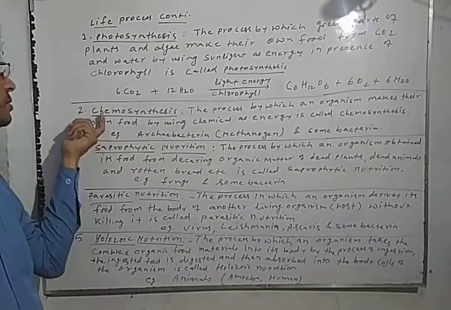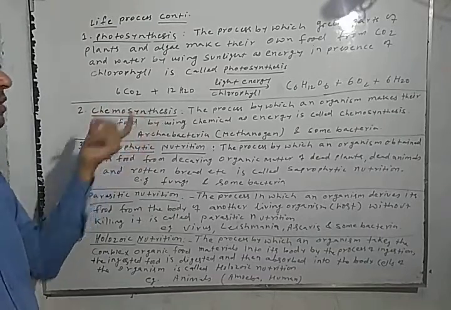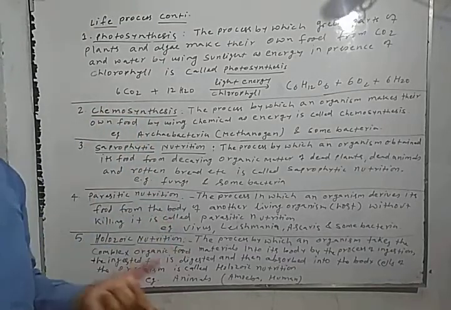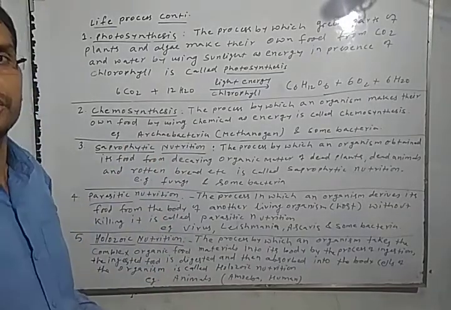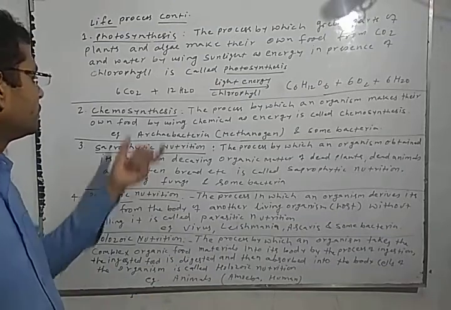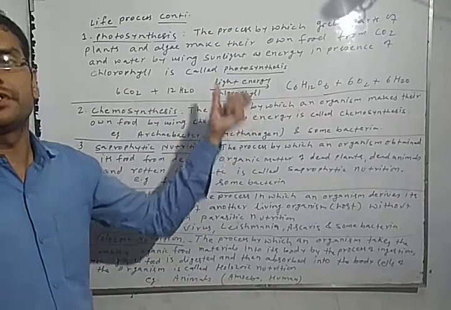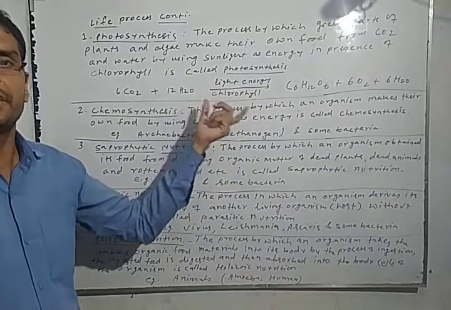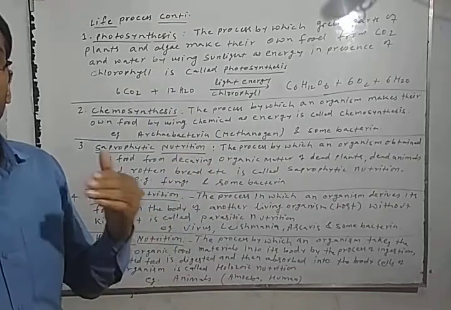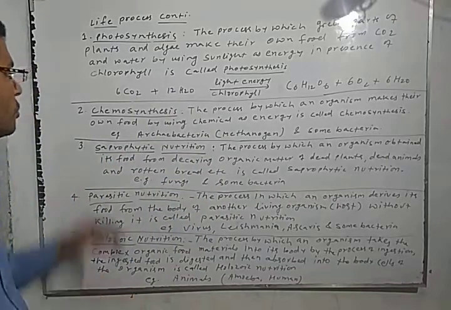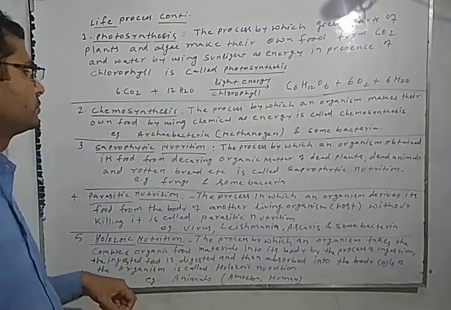chemosynthesis. The term chemo comes from chemicals. Synthesis means manufacture, formation, preparation. In this process, some organisms synthesize their food by using chemicals as a source of energy. So this process is called chemosynthesis.